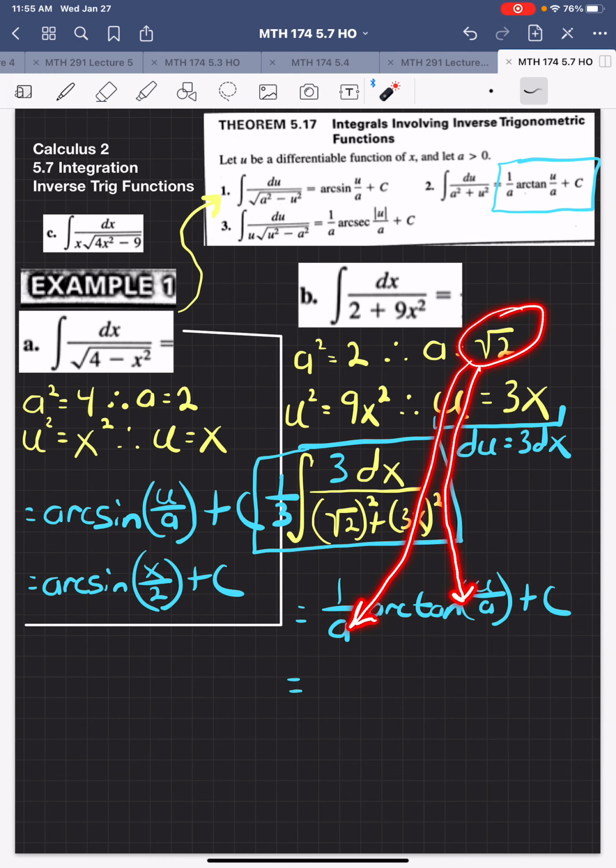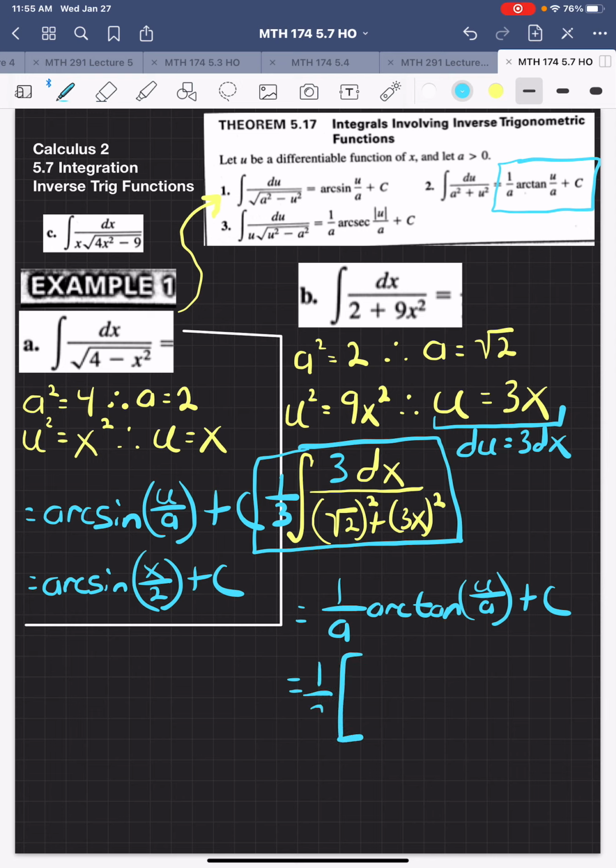Let's not forget our 1/3. So 1/3 distributed into 1 over the square root of 2 arctan of 3x over the square root of 2 plus c.